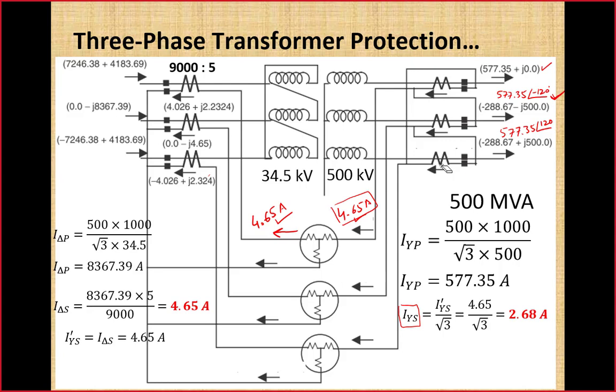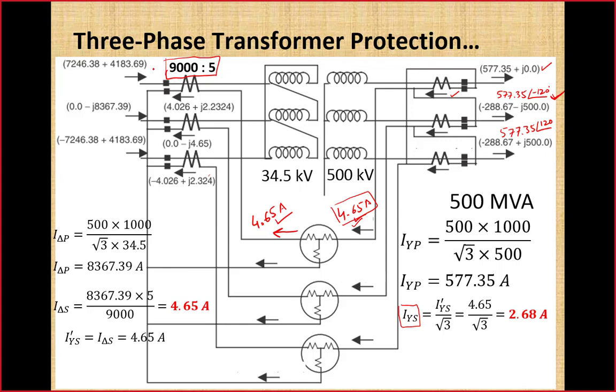If somehow by using a CT ratio we get a CT secondary current of 2.68 ampere over here, that current when it comes out of the delta will become 4.65 ampere, which is exactly equal to that current which we have translated by using this CT of 9000 to 5 on the delta side of main transformer.